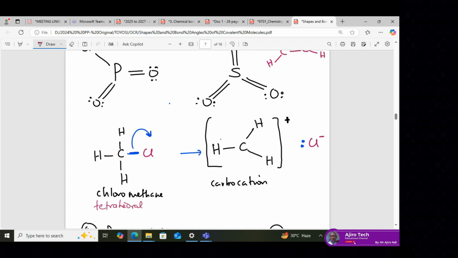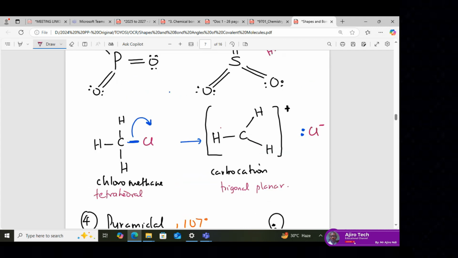If chlorine goes away with the 2 electrons, carbon is left with 3 bonds only and no lone pairs, so it's trigonal planar. In the former, carbon has 4 centers of bonding pair, no lone pair. That is called tetrahedral; I will teach you that now. In the latter, carbon has 3 covalent bonds, 3 centers of bonding pair, and no lone pair, so it's trigonal planar. Is that okay? So you get the point now.